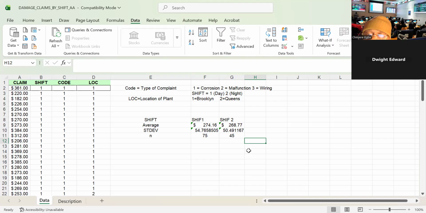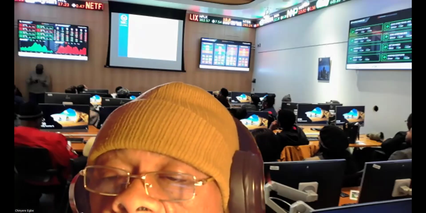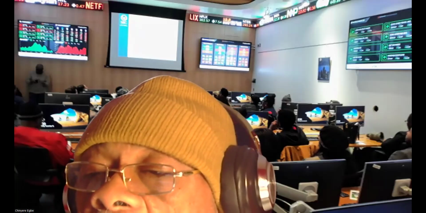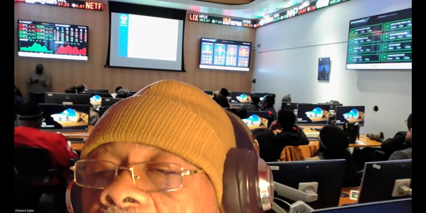It could be that the machines in Queens are older, or that the workers in Queens are less experienced, or if they're more experienced, then there's less damage on their side. We have those numbers. So how do we then proceed with regard to test of hypothesis? We do the normal thing that we do in test of hypothesis.